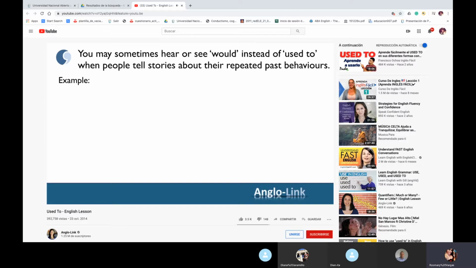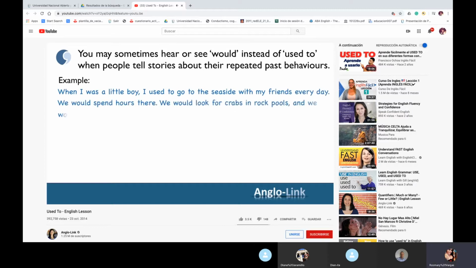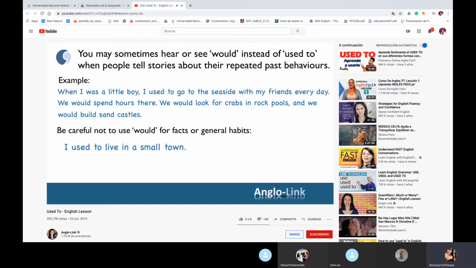For example, when I was a little boy, I used to go to the seaside with my friends every day. We would spend hours there. We would look for crabs in rock pools, and we would build sand castles. Be careful not to use would for facts or general habits. Say, I used to live in a small town, not I would live in a small town. Or she used to smoke, not she would smoke.